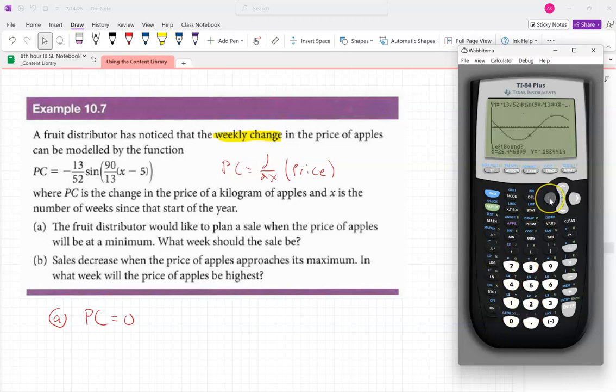So I'll do the zero command. Let's find the first one. I got 5 for the first one, and the other one's going to be 31.